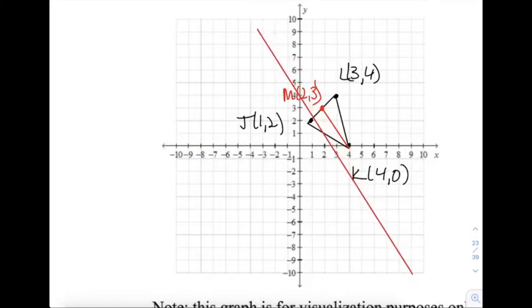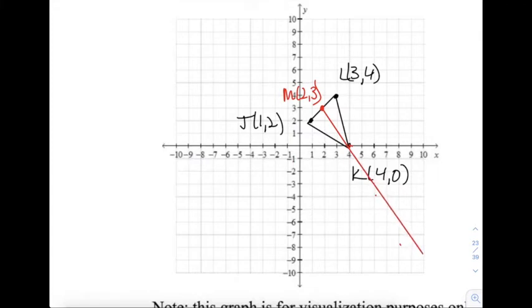Oh. Why am I doing this wrong every single time? Oh, I know why.